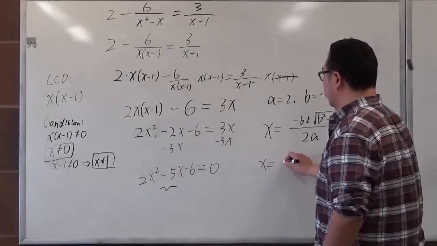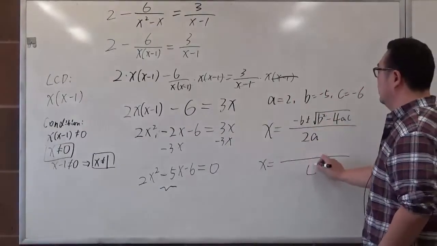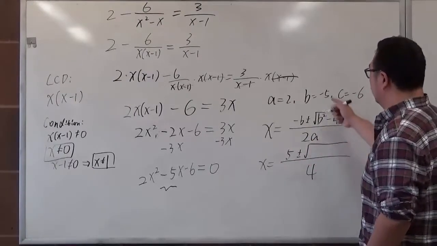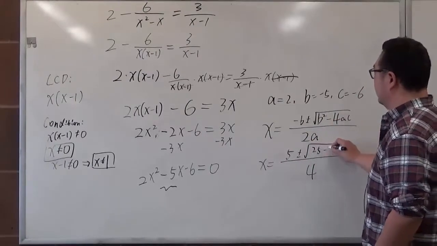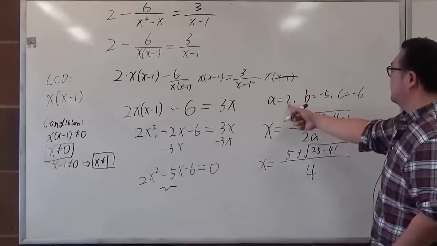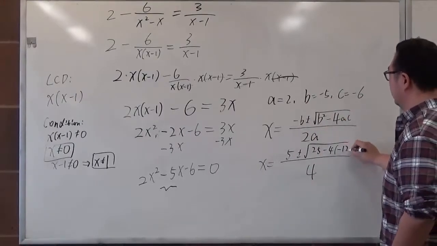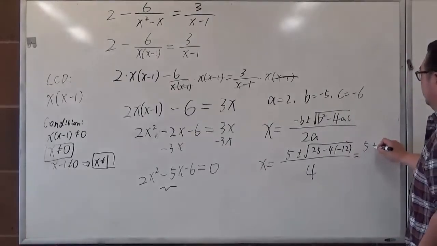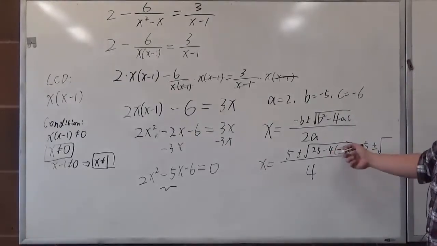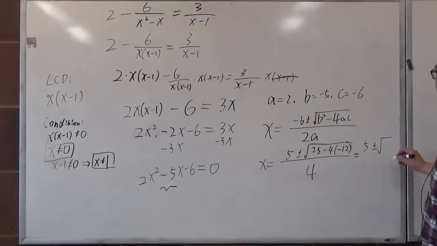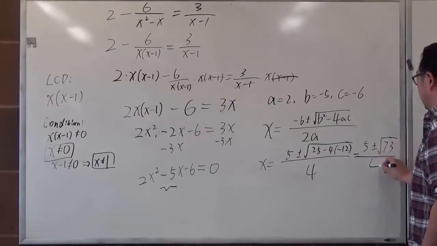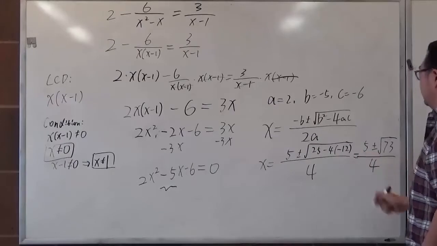Then we just plug the numbers in: negative b, or the square of negative 5, minus 4 times negative 12. Then 48 plus 25 gives us 73. So these will be our solutions.